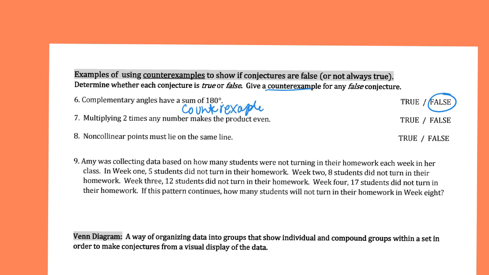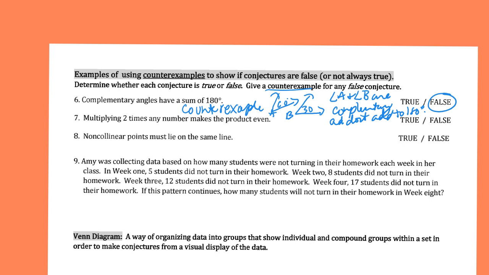And the counterexample is, if I have a 60-degree angle and a 30-degree angle, and I call them angle A and angle B, then angle A and angle B are complementary and don't add up to be 180 degrees. In fact, they add to be 90. So complementary, no, that is not even true.